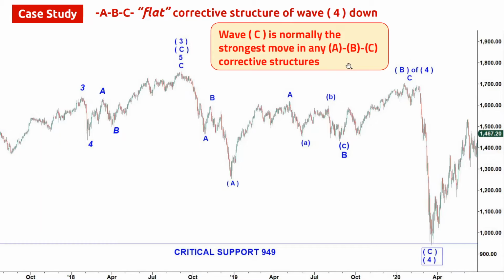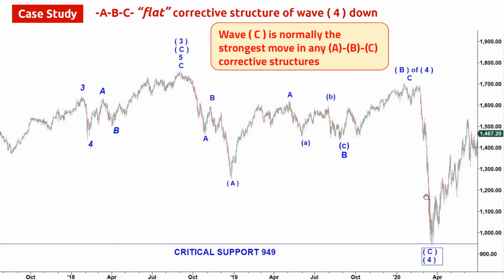Wave C, again, in any ABC structure is normally the strongest move. Look, even if you look at that move down, the first leg down, and compare it to the second leg down, you will see that the second leg down is bigger, and the second leg down, wave C, is stronger.